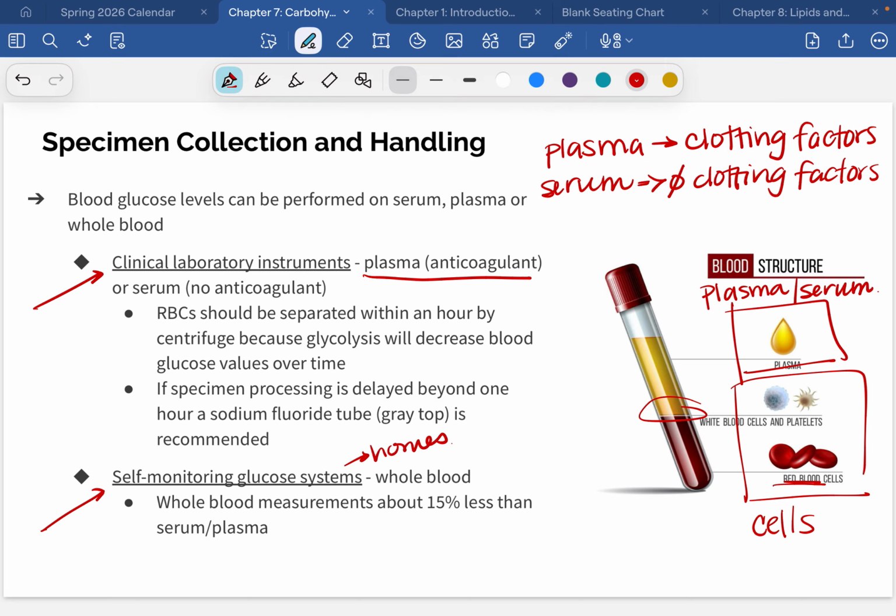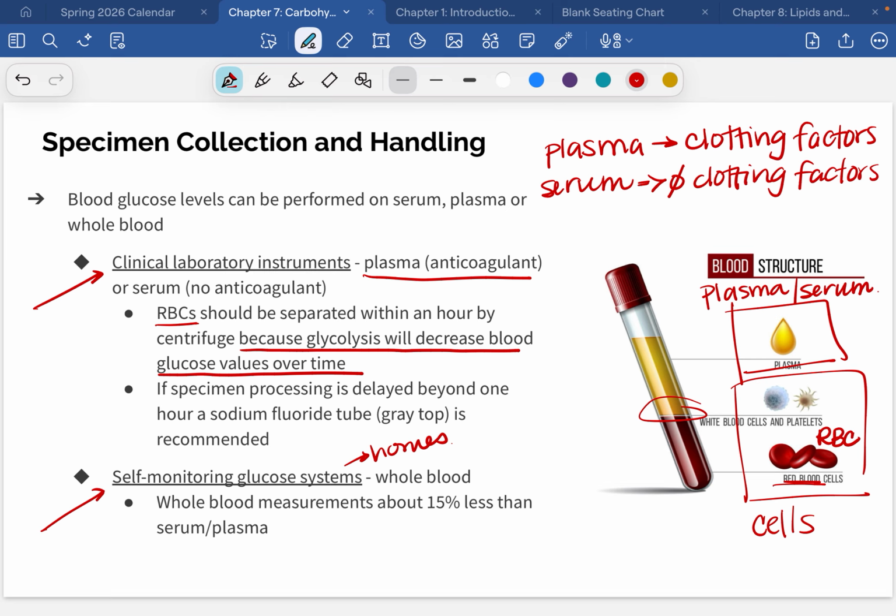But it is really important that the red blood cells, or RBCs, I will frequently abbreviate red blood cell to RBC. And the RBCs should be separated within an hour by centrifuge from the plasma or the serum, because those cells will continue to perform glycolysis. Okay, so cells perform glycolysis.